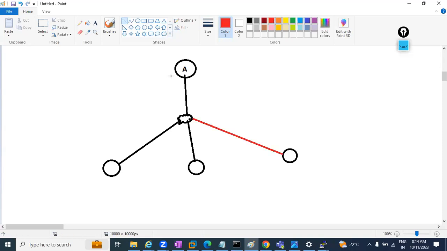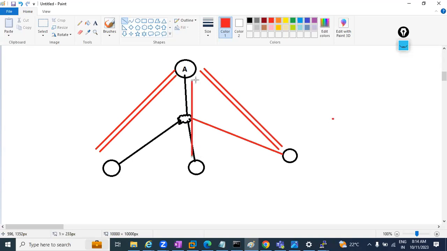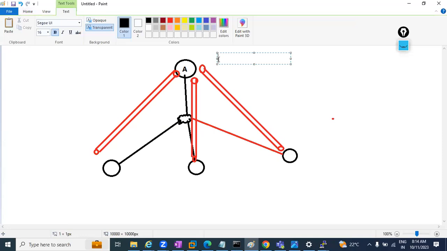Suppose we have created one IPsec tunnel with this one, then another IPsec tunnel with this one, and then again one with this one. From site A, how many tunnels do we have? Three. So we have three VPNs, three IPsec tunnels.